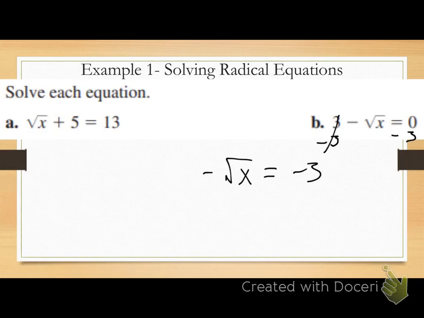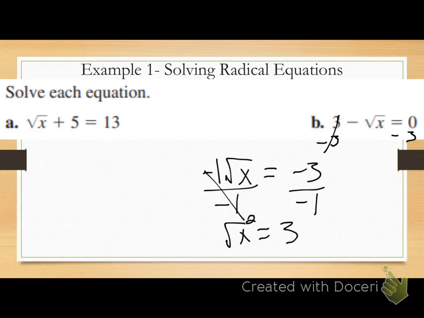Add 1? Not yet. I'm not squaring yet. I'm not adding 1. Divide by negative 1. This is like negative 1 times the square root of x. So we divide by negative 1 on both sides. Everyone good with that? Now what can I do? Because my radical is now by itself. Square both sides. I get x equals what? 9.